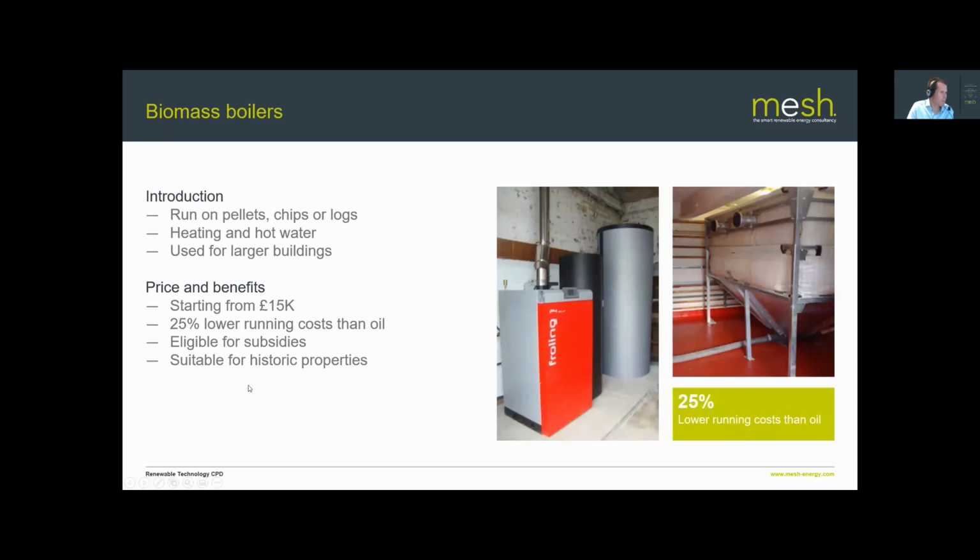In terms of costs, you're really talking about £15,000 plus. They are cheaper to run than an oil boiler. They particularly are used quite a lot on historic properties, although even people like the National Trust tend to be moving away from wood biomass now, and they're tending to go more towards heat pumps and trying to upgrade properties that way.